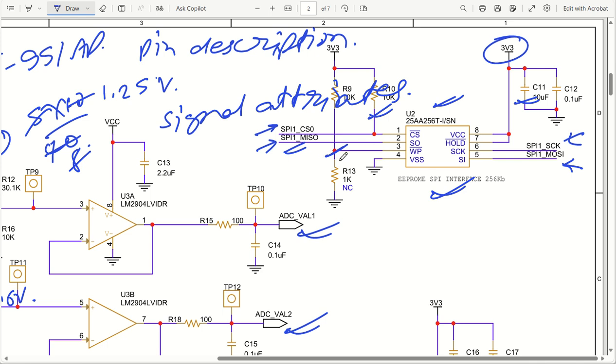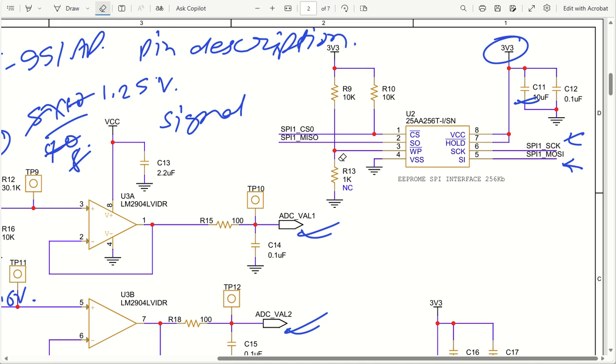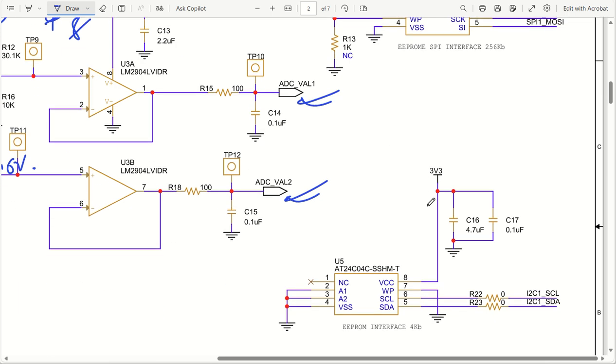If you want to control it, you can connect a microcontroller IO pin to this. There is a lot of cluttering here, so let me just remove the things a little and you can understand properly. Good. So this was all about the EEPROM with SPI.